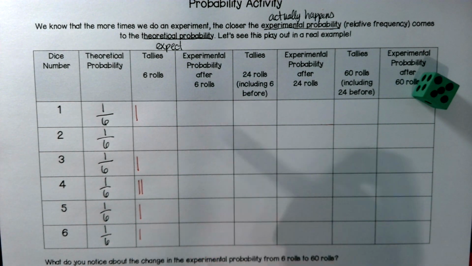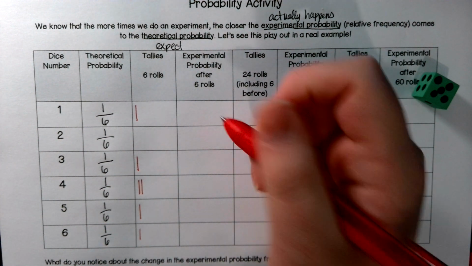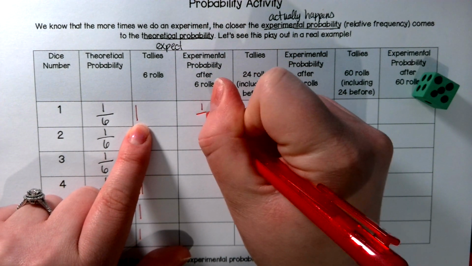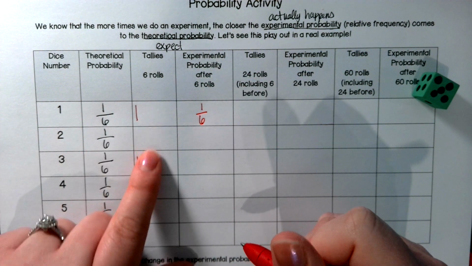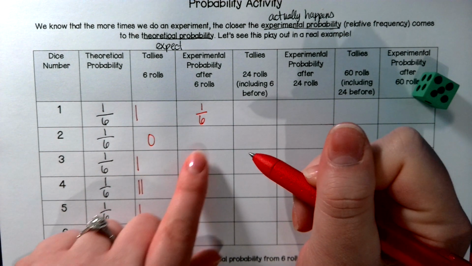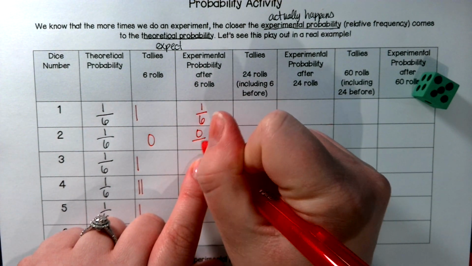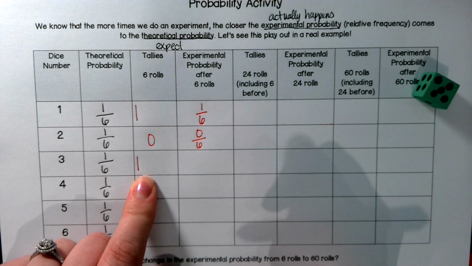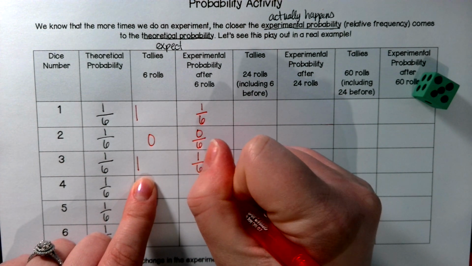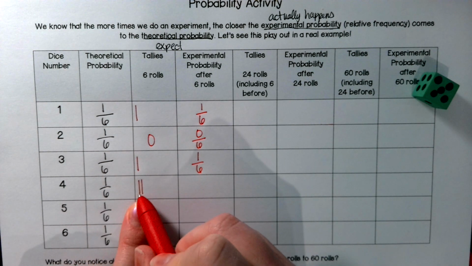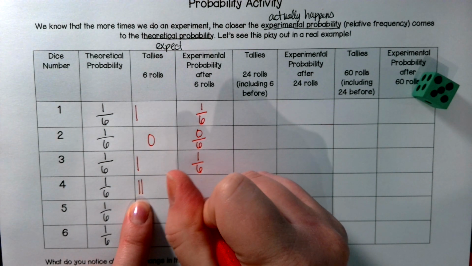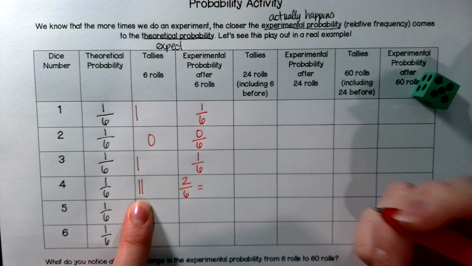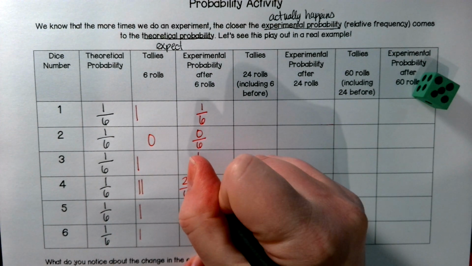My experimental probability after my 6 rolls: I rolled a 1 one time out of 6. I didn't roll any 2s, so my probability there was 0 out of 6. My 3, I rolled 1 time, so 1 out of 6. I rolled a 4 two times, so that's 2 out of 6 rolls, which simplifies if I divide both by 2.